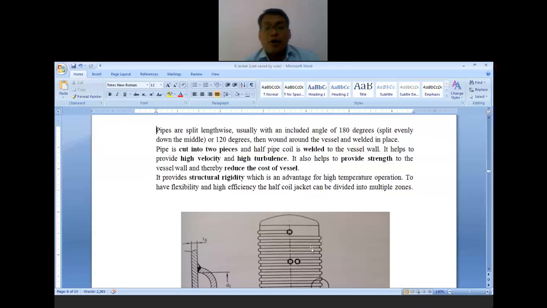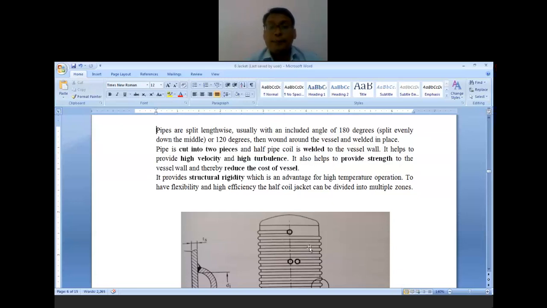These pipes provide the high velocity, which incorporates the higher turbulence as the cross sectional area is reduced in the pipes. So the velocity will be high, turbulence will be high, and that is providing the higher heat transfer coefficients.